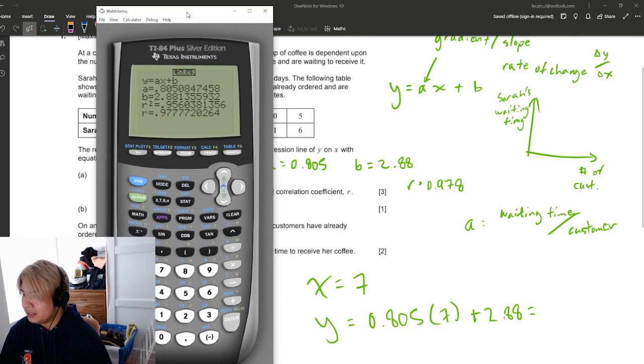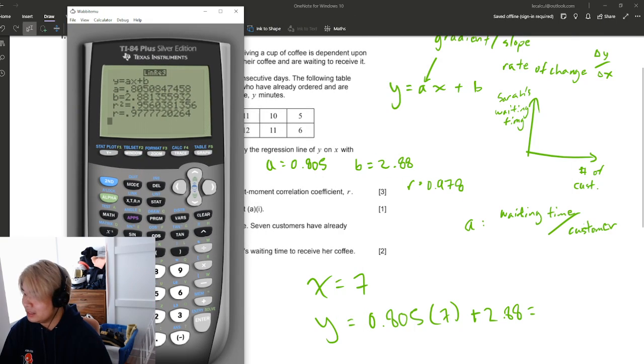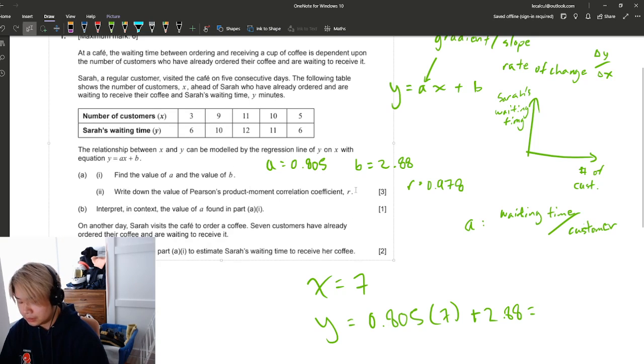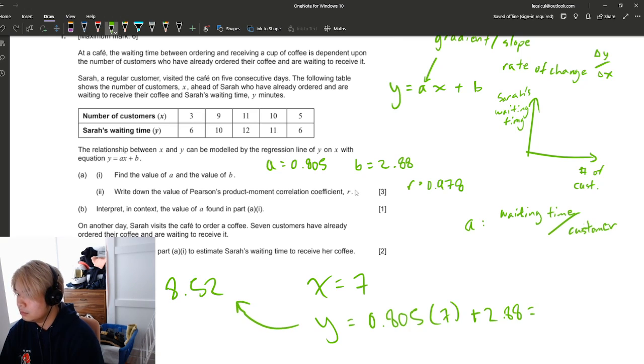Maybe this calculator has a better way of doing this, but I'm just going to type this all out. 0.805 times 7 plus 2.88. Then we're going to round this to 3 sig figs, so 8.52 minutes. Do they tell you? Oh, it is in minutes, yeah.